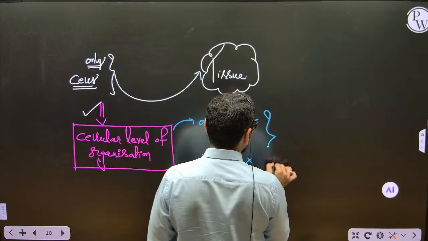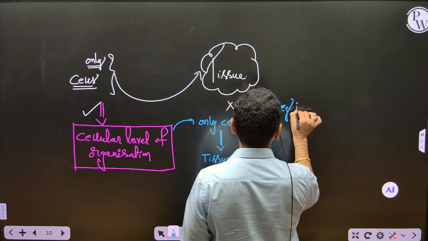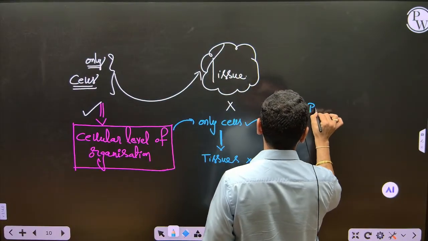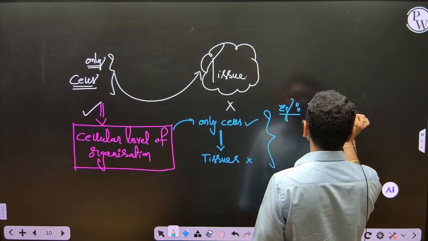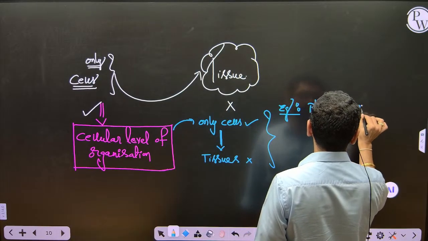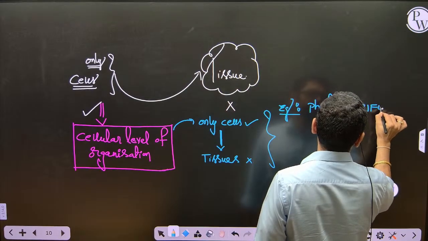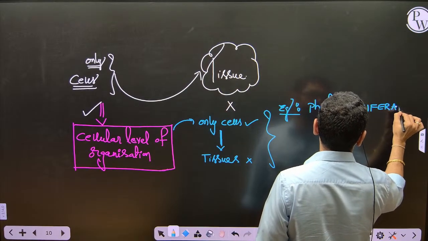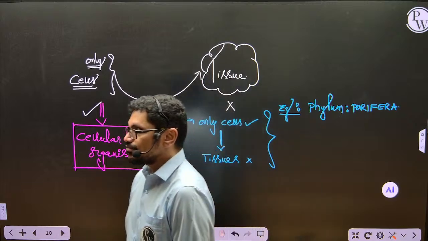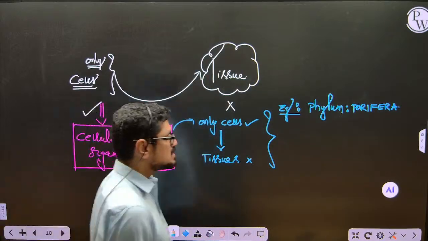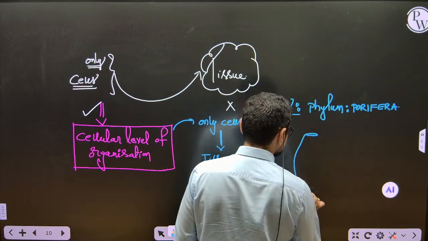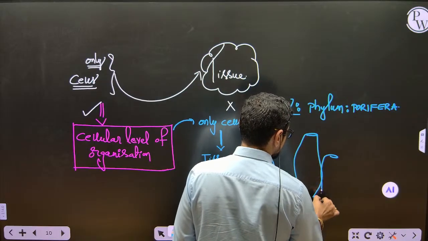Where do you find this? What is the first phylum we discussed? Try to recollect. The first phylum we discussed is phylum Porifera, the best example, where the sponges are present. I represented them like this in the last class.